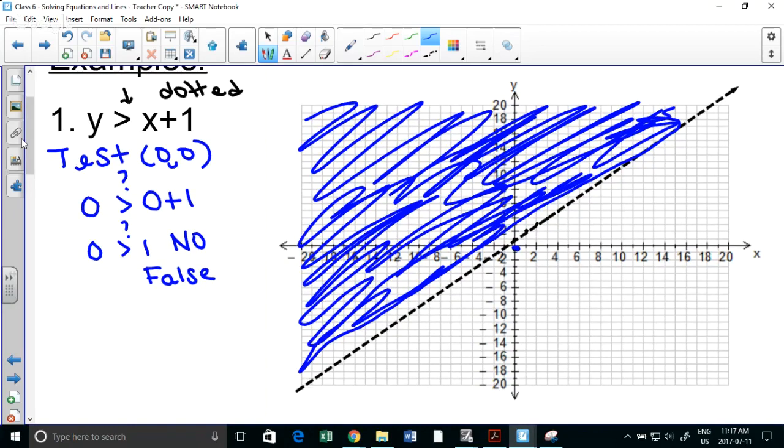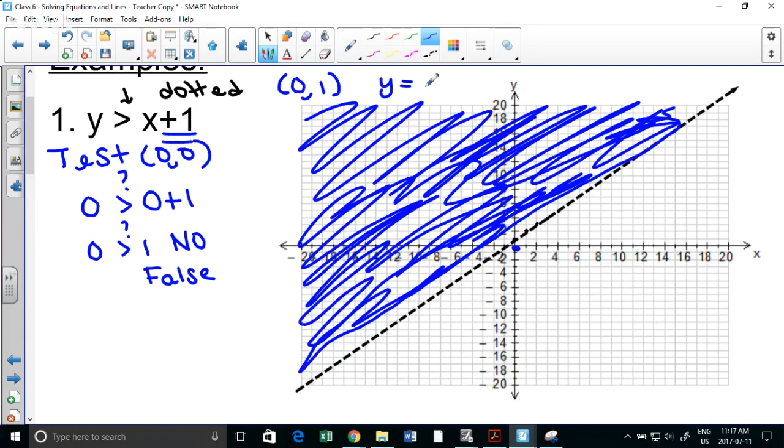Don't get what part? Do you understand how to graph the line? That's stuff that you definitely have to review, because graphing the line, you need 2 points. So in this case, this is 0 and 1 because we have the y-intercept.